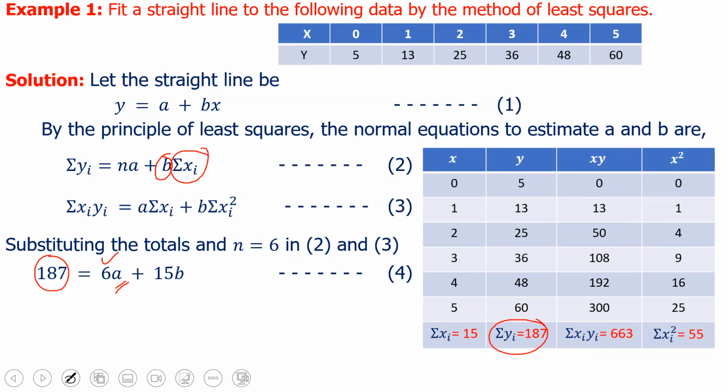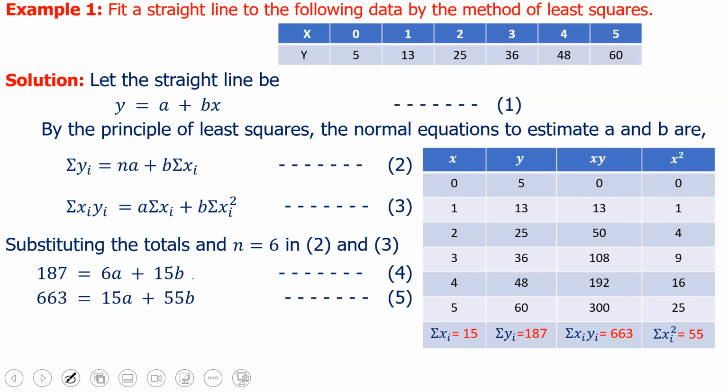What is the sum of xi? Sum of xi is 15, so we substituted 15b. Same thing for the second equation. Sum of xi yi is 663, then sum of xi is 15a, and sum of xi whole square is 55b.